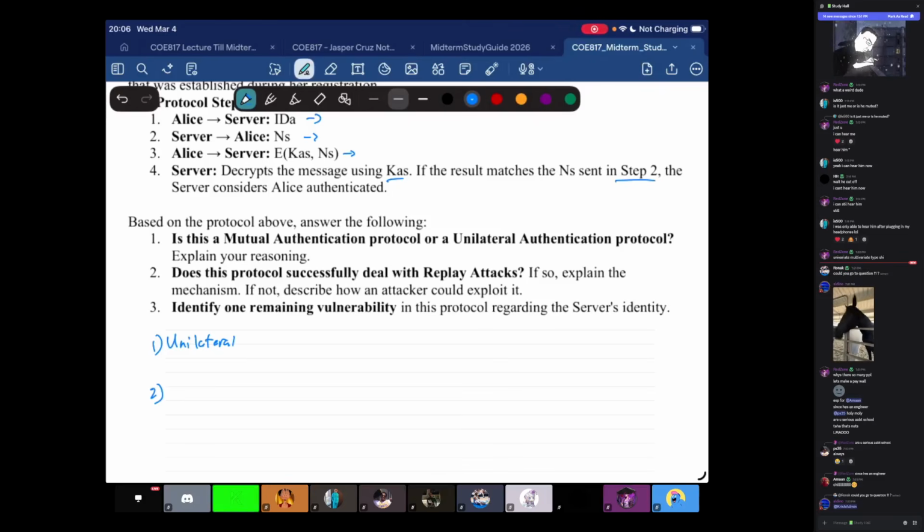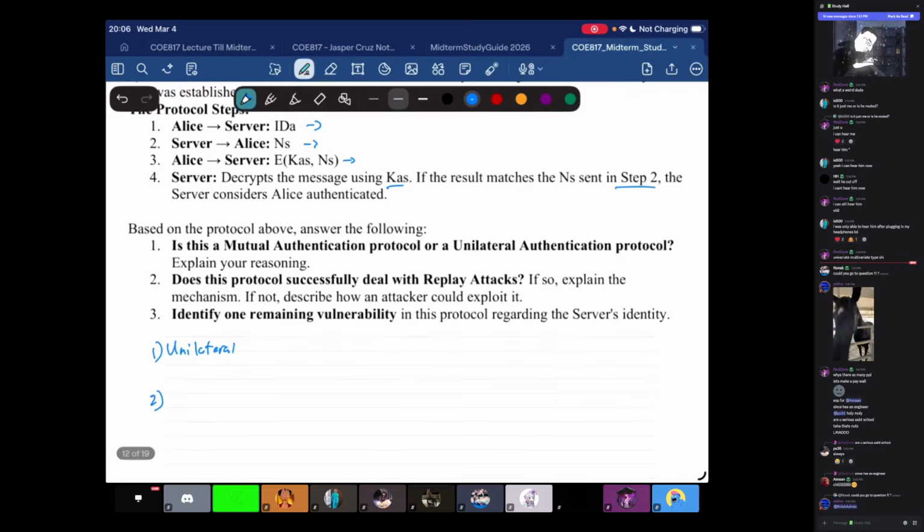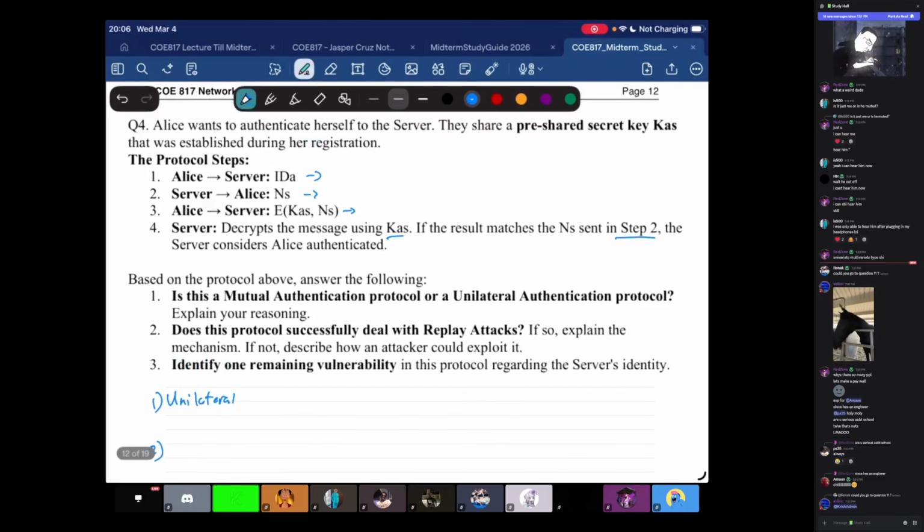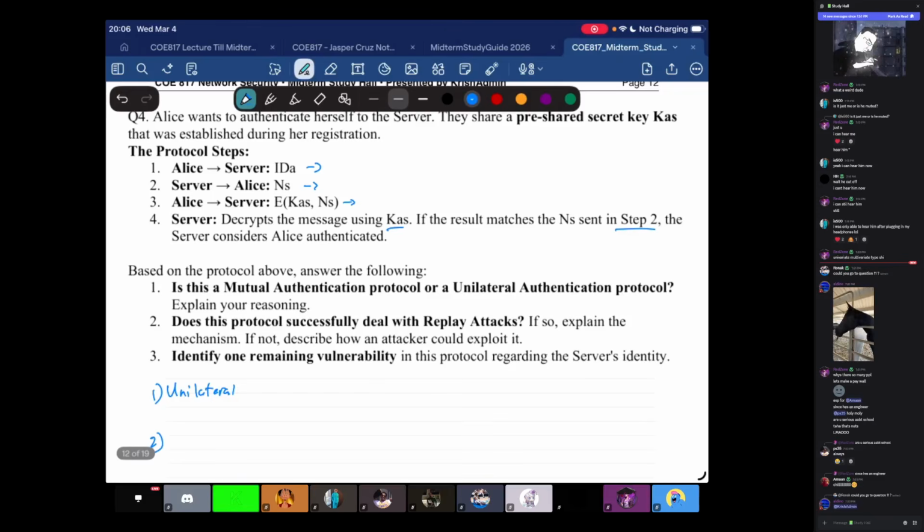Part 2. Does this protocol successfully deal with replay attacks? If so, explain the mechanism. This sequence of steps does deal with replay attacks, as we have these nonce values.